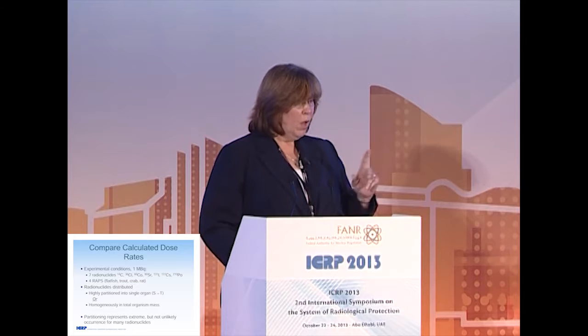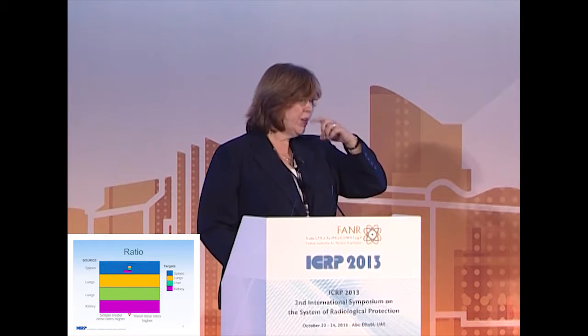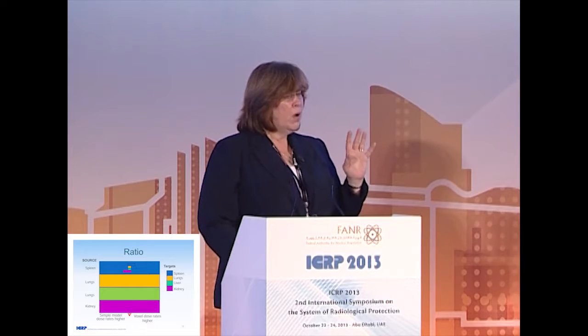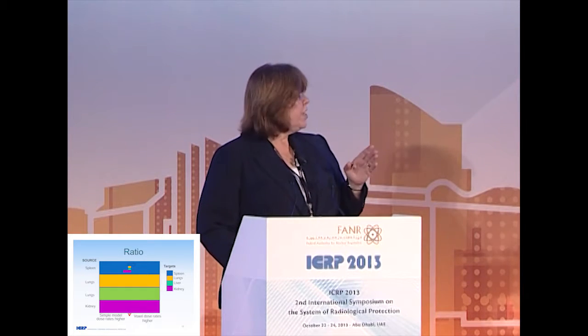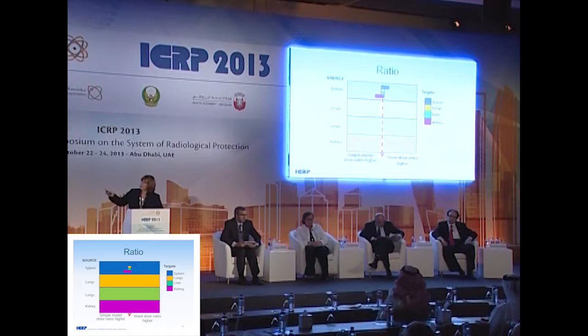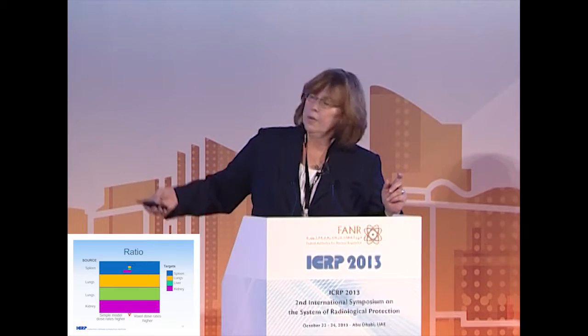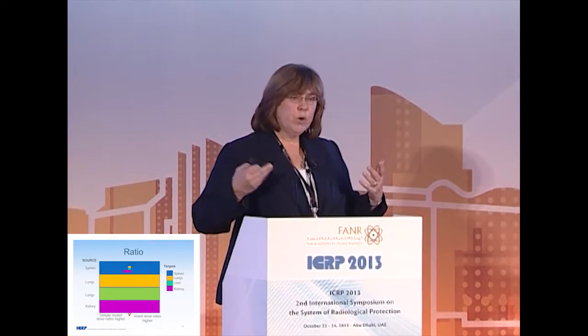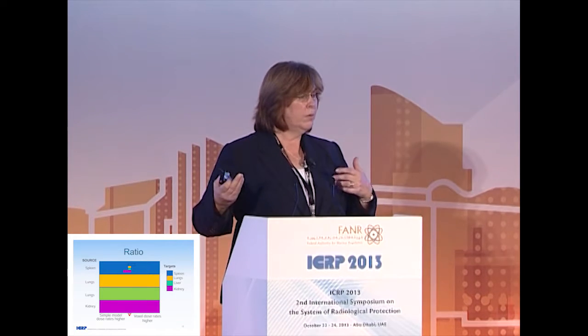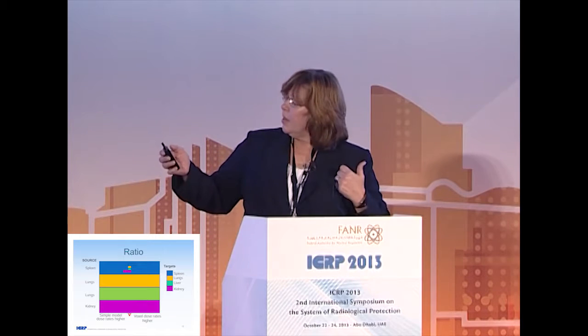So I'm going to show you just very briefly some graphics, and they're a little odd, so I'm going to take a minute and explain them. What I've done is I've made a comparison, and I don't want to blind my colleagues with the laser. The red line in the middle represents complete agreement between the voxel model and the simple model.